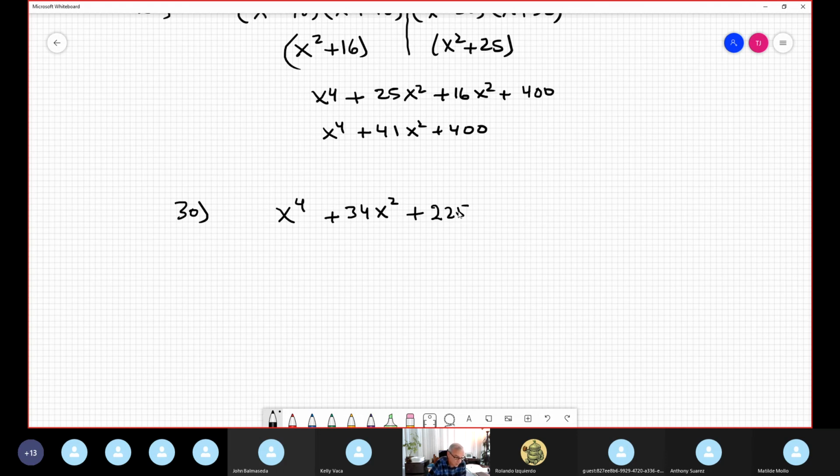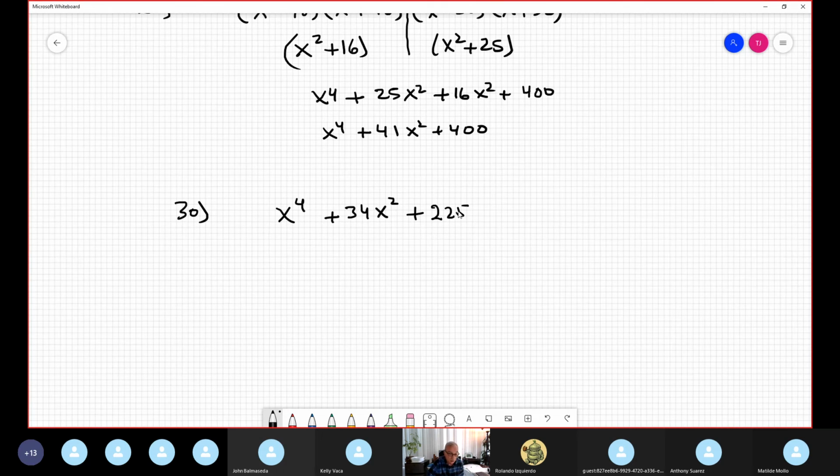225. Entonces I know que 225 is the multiplication 25 times 9. And somehow 25 plus 9 is 34.